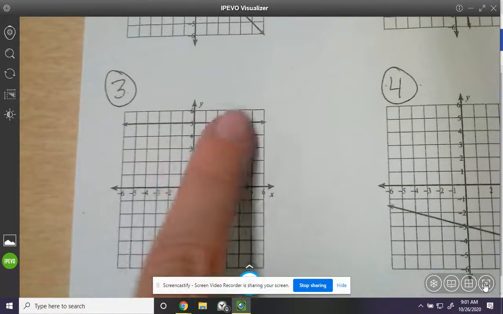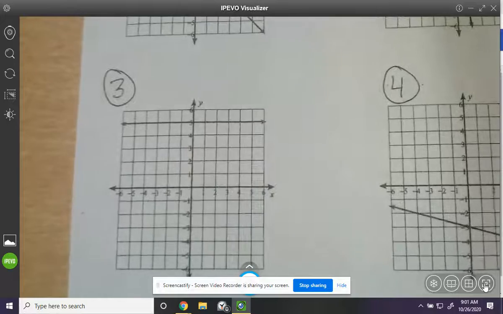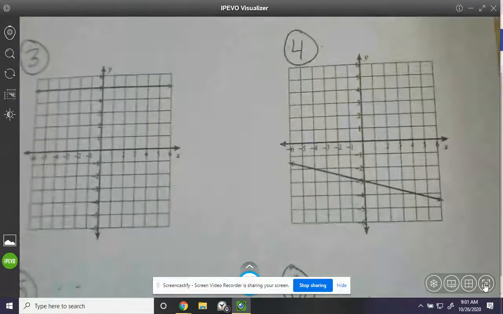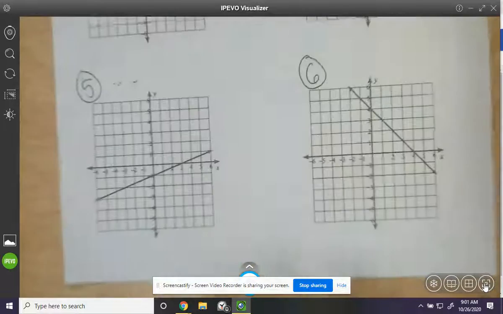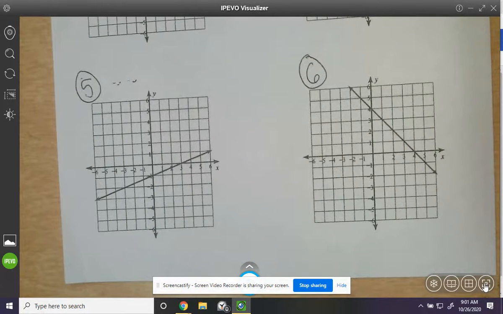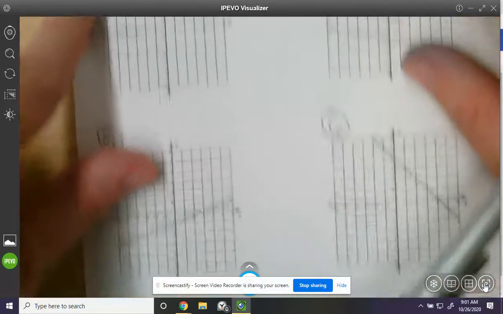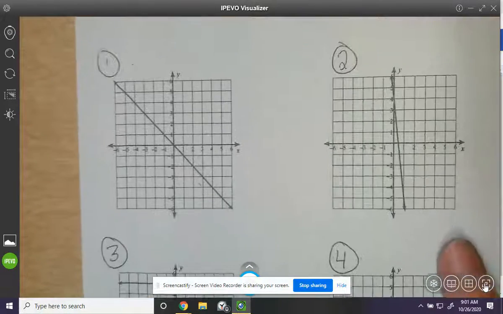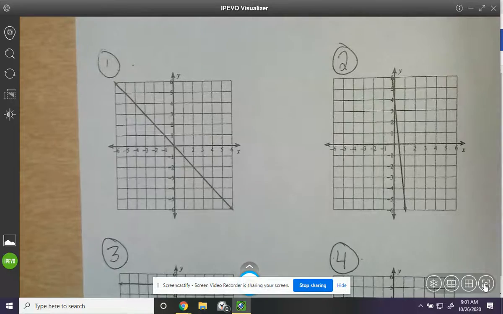The line's up here. It's kind of hard to see. And then there's 5 and 6. Okay, so if that wasn't enough time, go back through and pause it and actually write down your answers.